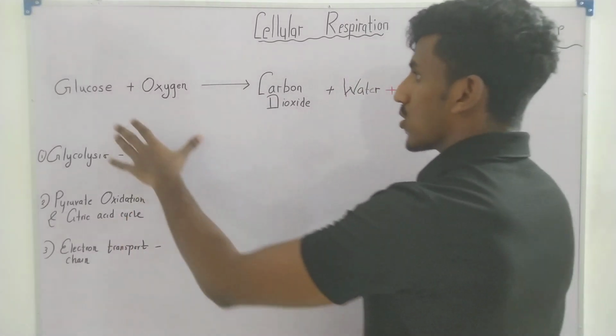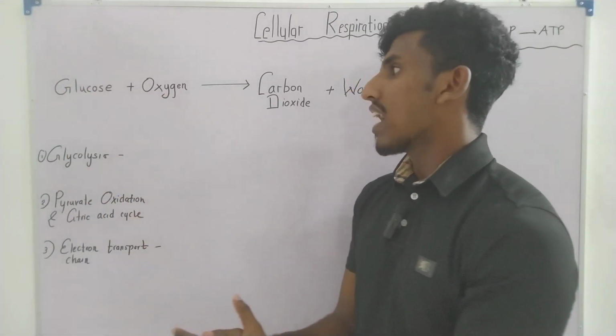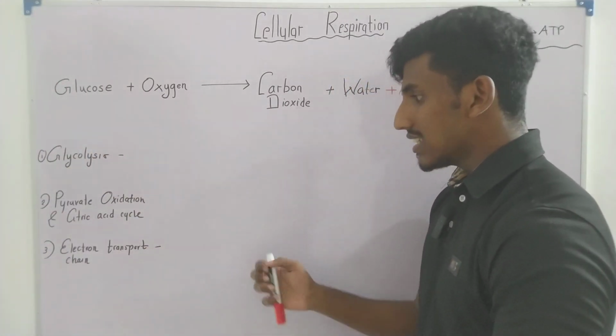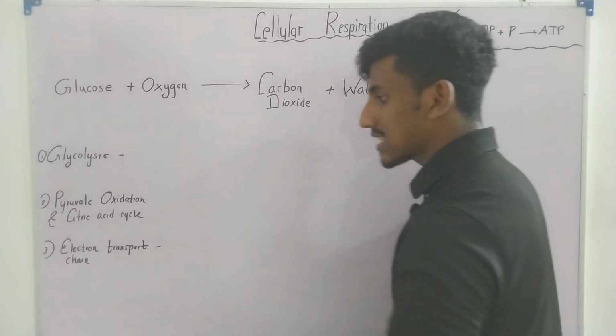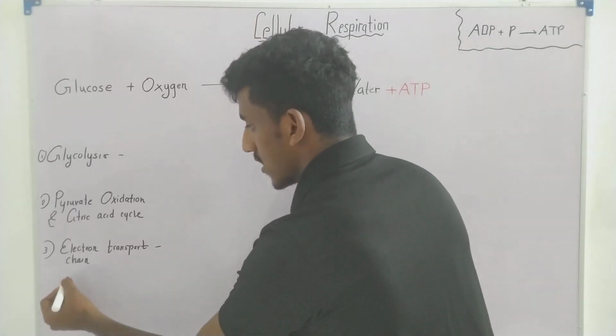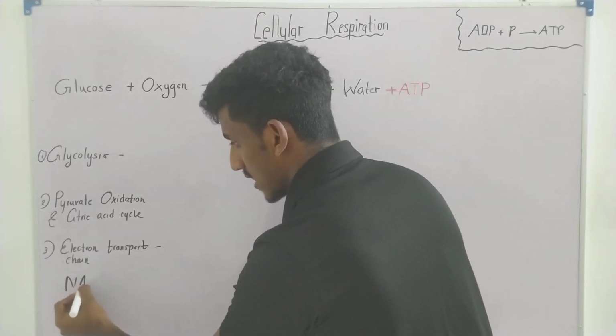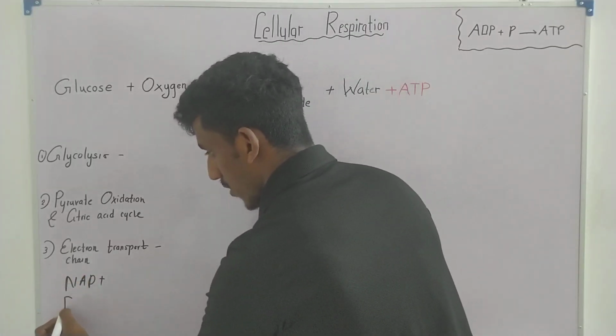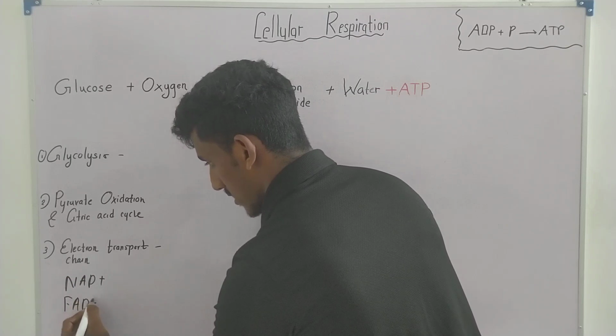Now, as I told, glucose has a lot of energy, and this energy is released in the form of electrons. These electrons can be accepted by certain molecules. We call them electron acceptors. One of the best molecules involved in cellular respiration is NAD+, and another molecule is FAD+.